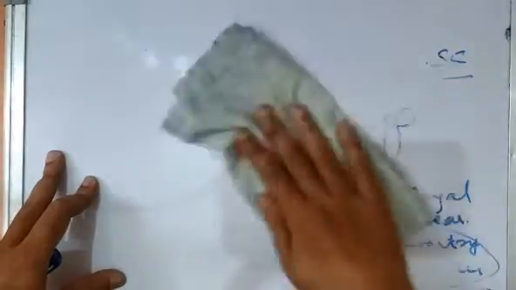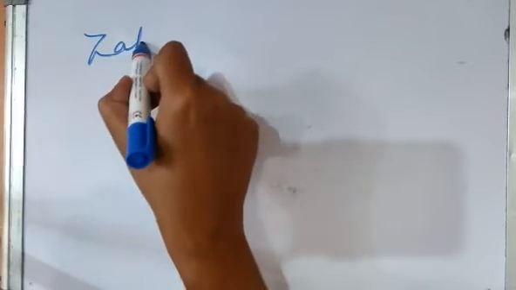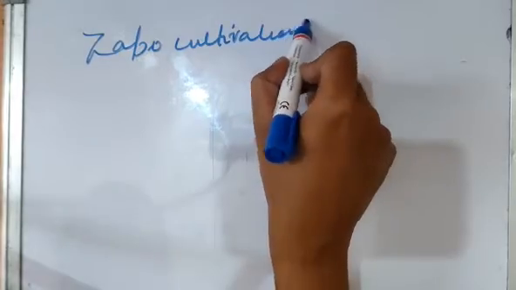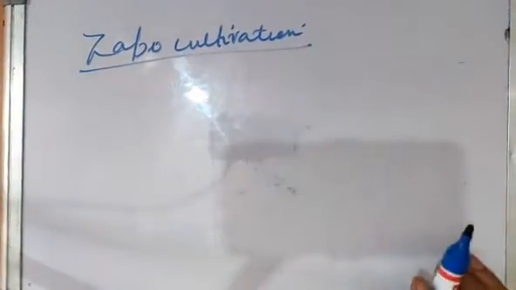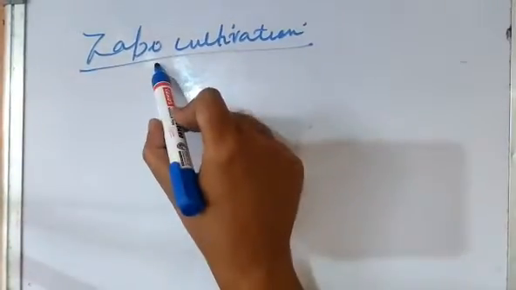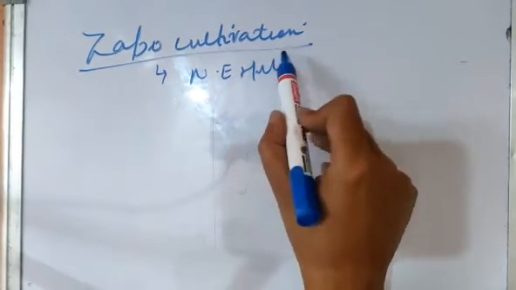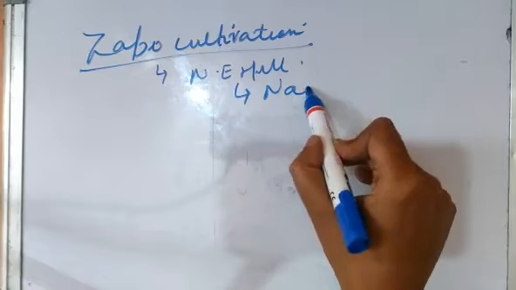Now moving on, there is one more indigenous farming system, that is the Jabo cultivation. It is also done in northeastern hill regions, particularly in Nagaland.